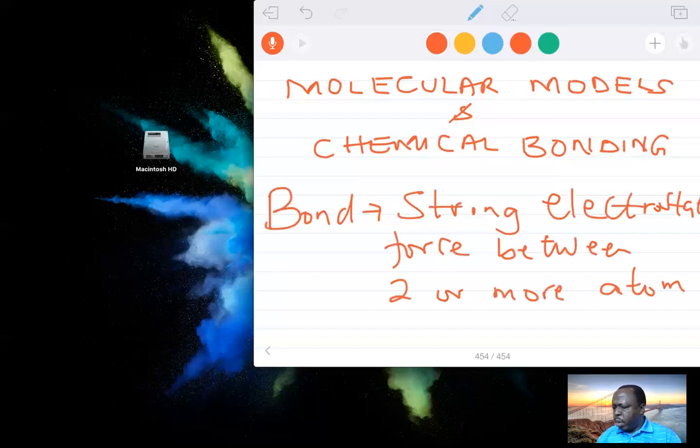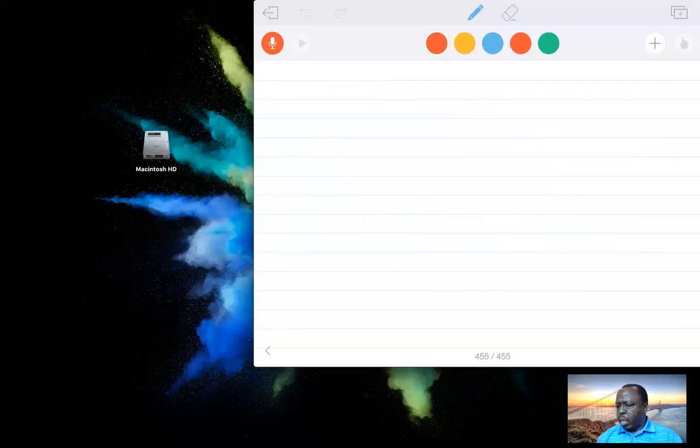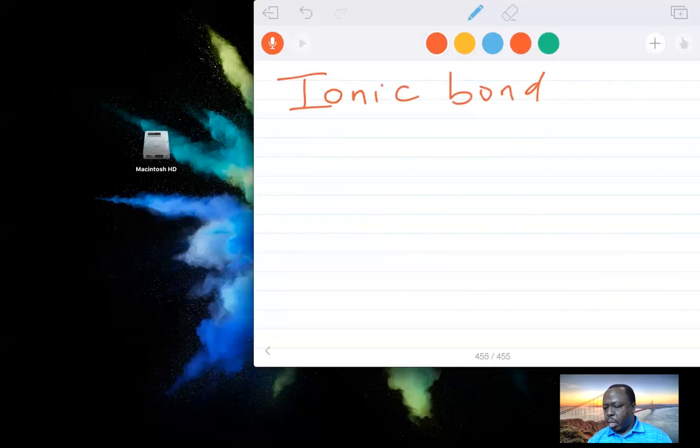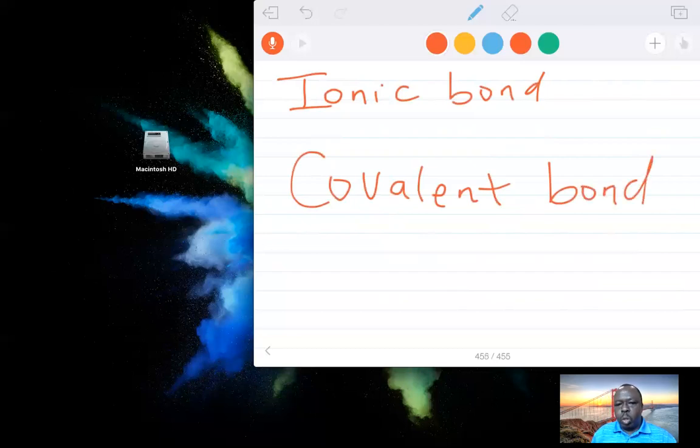The most important bonds you'll encounter in chemistry are, one, the ionic bond, which is between a metal and a non-metal, and then the covalent bond, which is the bond between two non-metals.